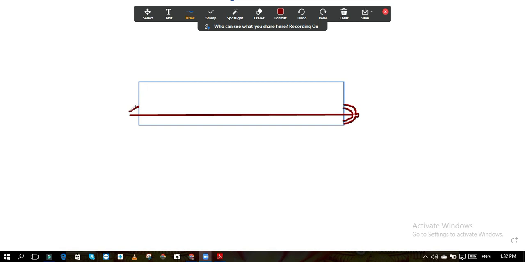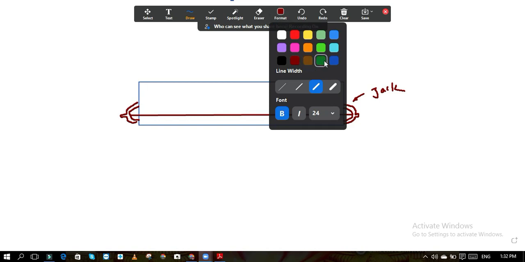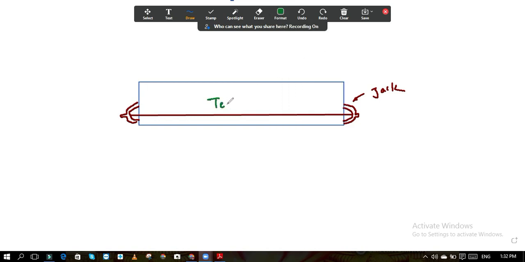For stressing the tendon, this arrangement is called a jack, and this bar is called the tendon. In pre-stressing, this is called a tendon.